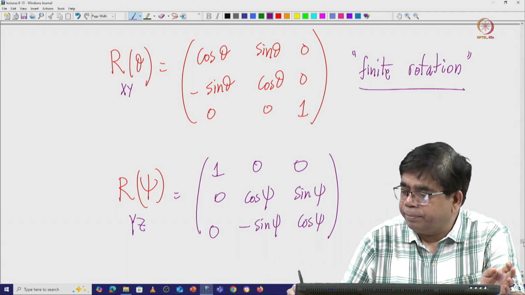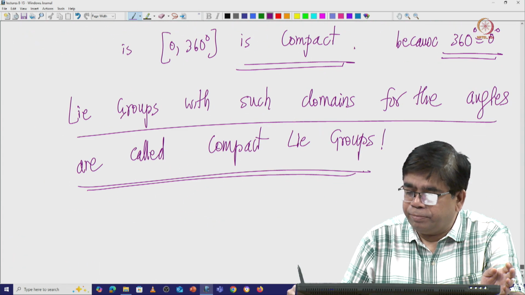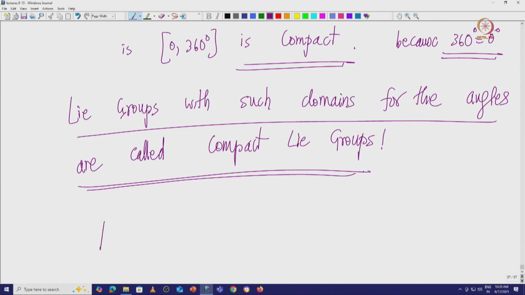Okay, now these are non-compact Lie groups.